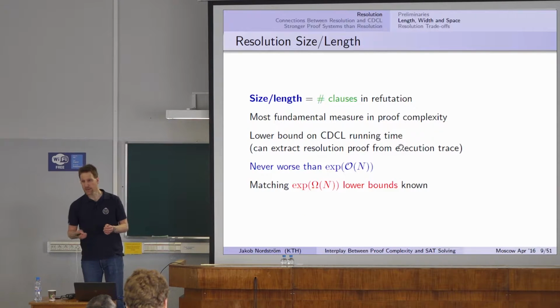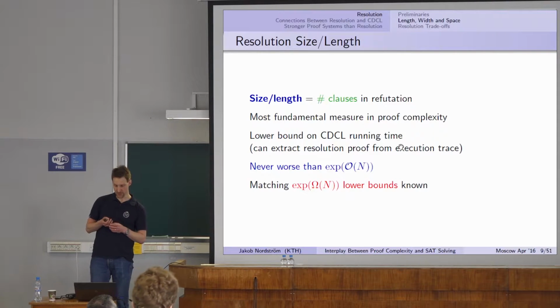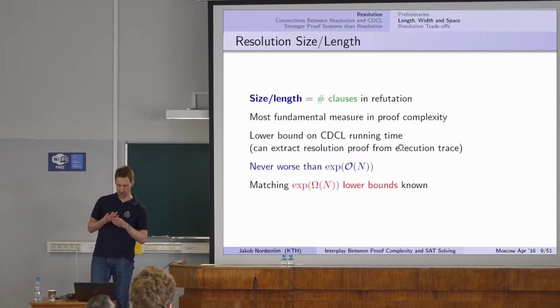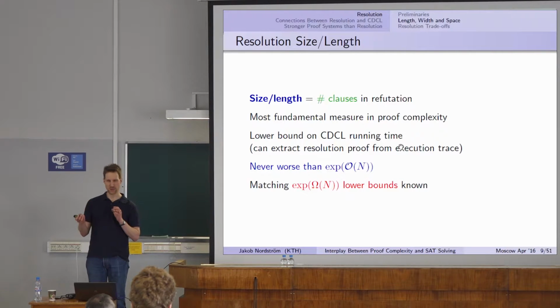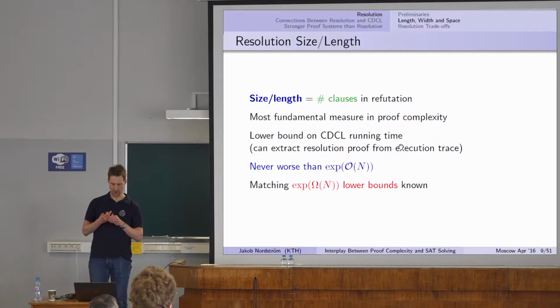So what are the complexity measures that we care about? Well, the most fundamental complexity measure is the length or size of proofs, the number of clauses in the refutation. Size is really the most fundamental measure in proof complexity, and it sort of corresponds to time for computational complexity.